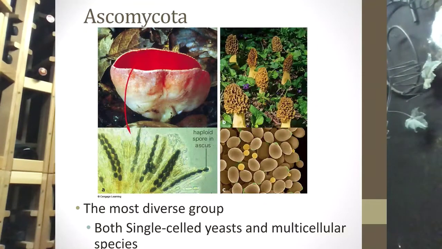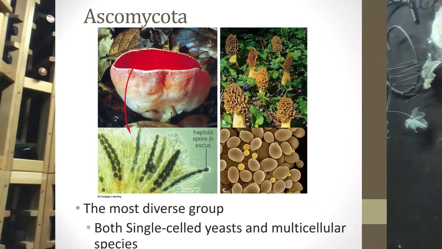the ascospores. Those are the haploid spores inside of the ascus. So those are sexual spores inside of the ascus, and we refer to those as ascospores.